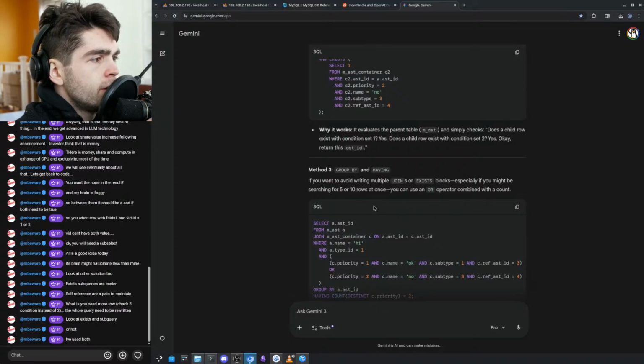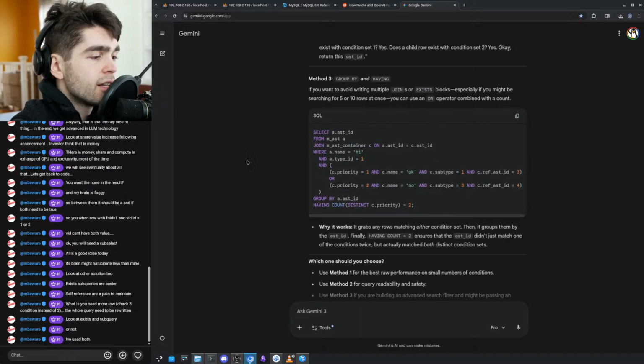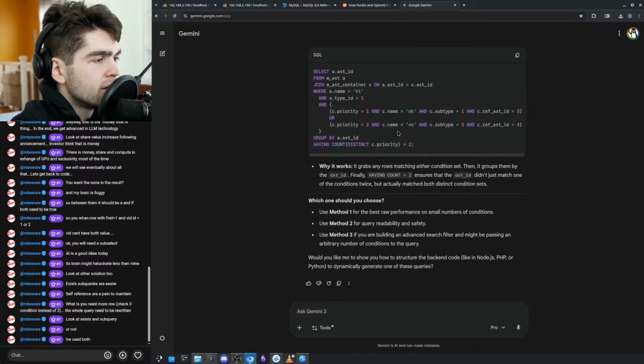If you want to avoid multiple joins, access block, especially if you might be searching for 5 or 10 rows at once. Okay, that's the dumbest thing I've seen.